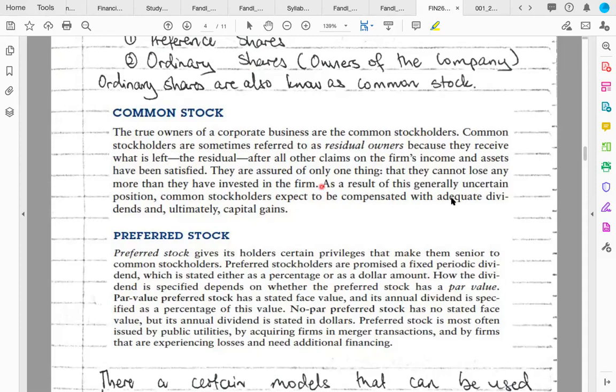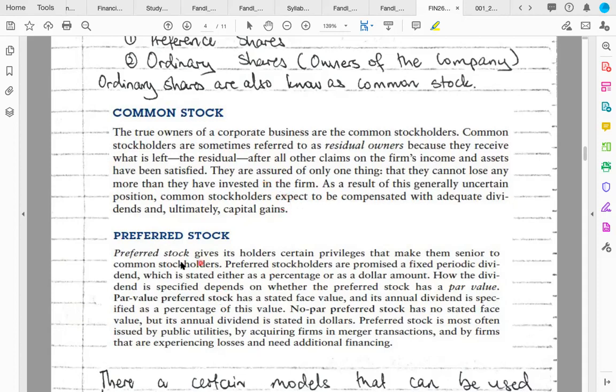We are also told that, as a result of this generally uncertain position, common stockholders are expected to be compensated with adequate dividends and ultimately capital gains. So ordinary shareholders will receive dividends regularly, which are a share of their profits from investing in a company.